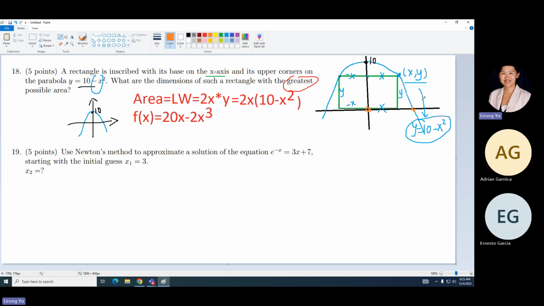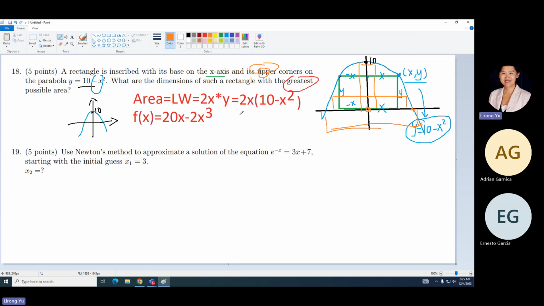If x went bigger than this, the point would be from here, and that's not an upper corner anymore. Therefore, x has to be between these two. You can have a rectangle this way or this way, but you can't have it this way, because we're considering the upper corner for the x value.